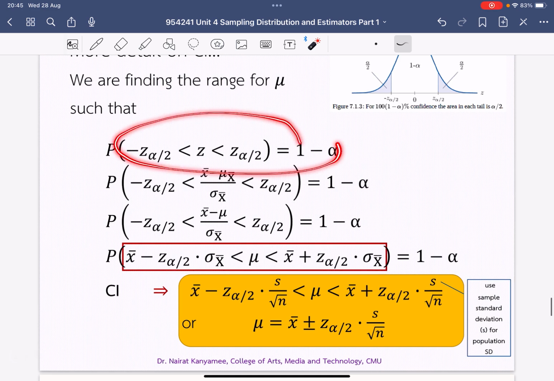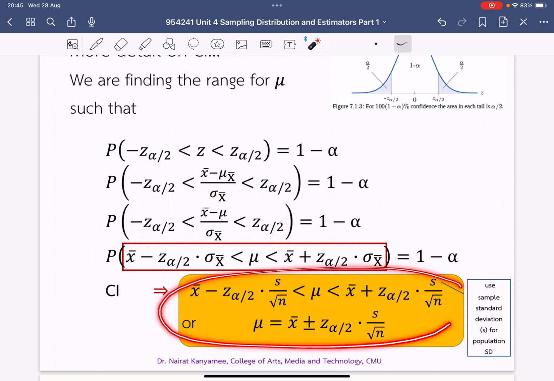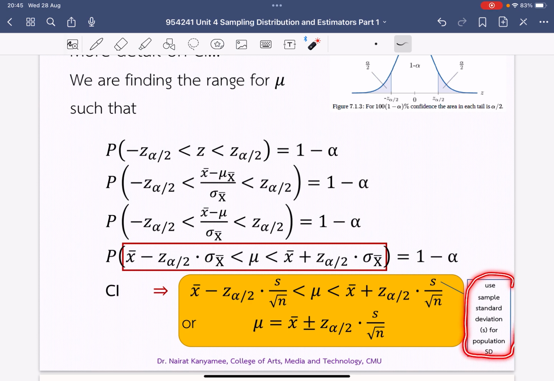We set up the inequality and simplify it, move it around, then you get the confidence interval. We use the sample standard deviation for the population standard deviation. The difference is just here. This is the second case.